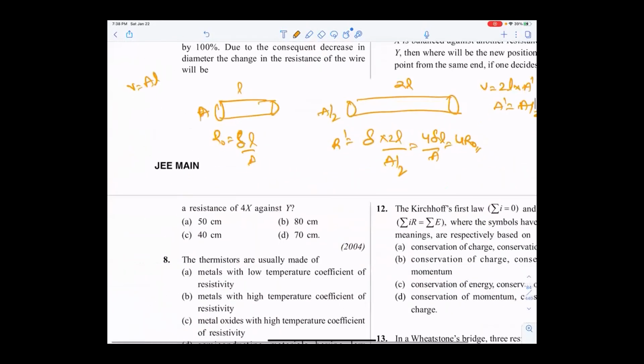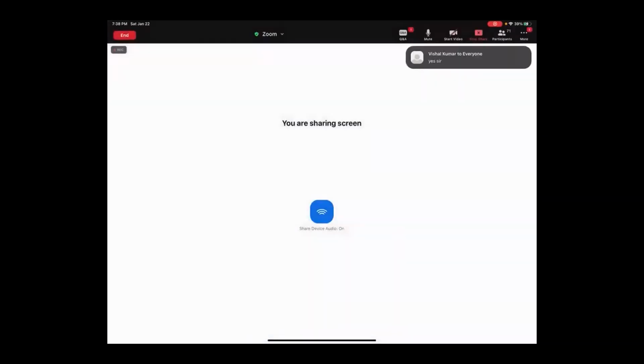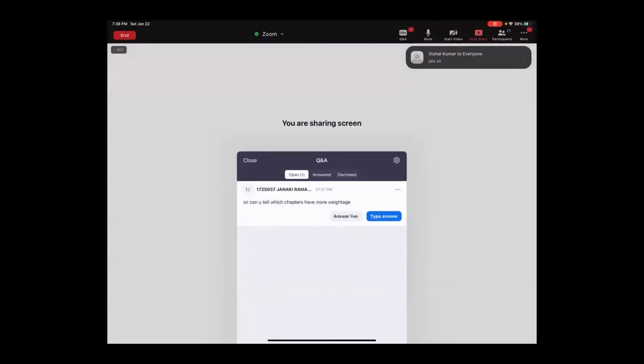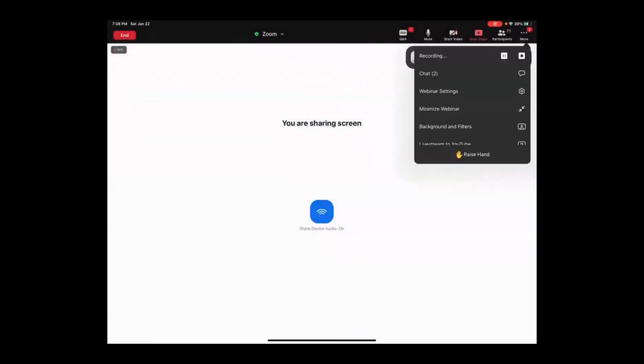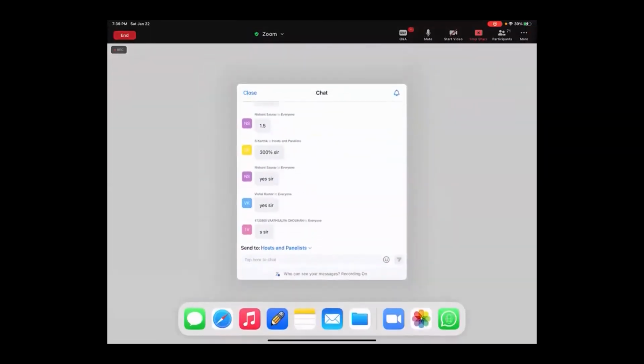Third question. People got it right. The weightage of a chapter is not constant in history. Sometimes this particular chapter gets more questions, sometimes that one. So people think, okay, in optics many questions are coming, let us do optics, a lengthy chapter.